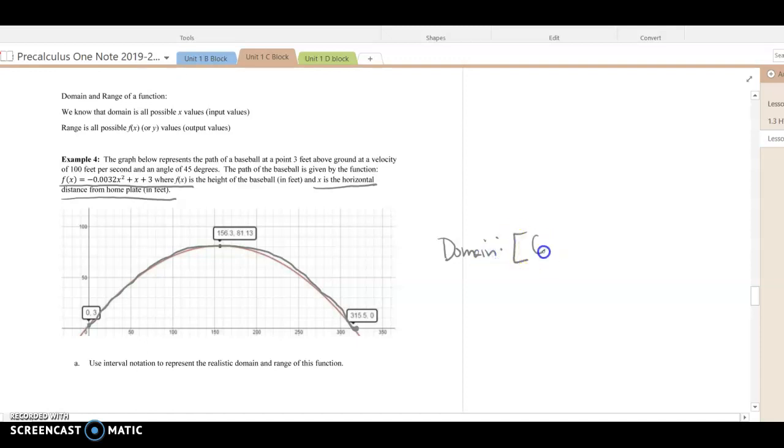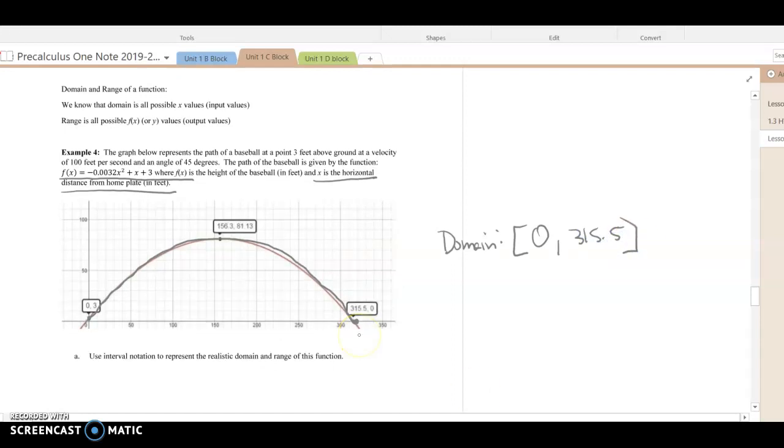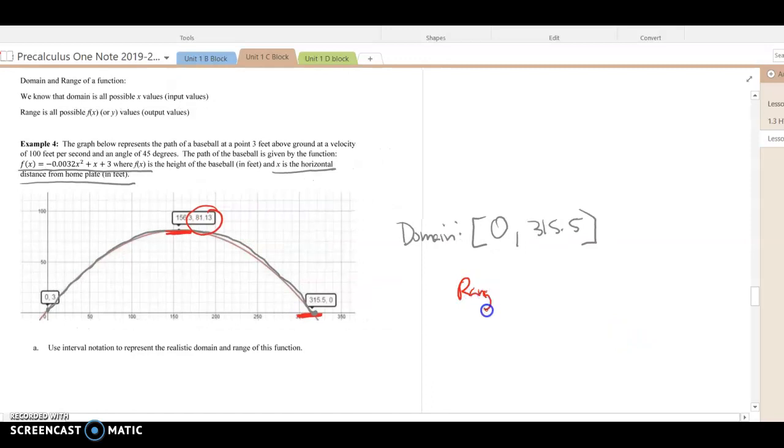So it goes from 0 to 315.5, because that is all possible x values that represent our actual ball. Now the range is from 0, because that's when the ball hits the ground, to the highest the ball gets, which is 81.13. So our realistic range is 0 to 81 13/100ths.